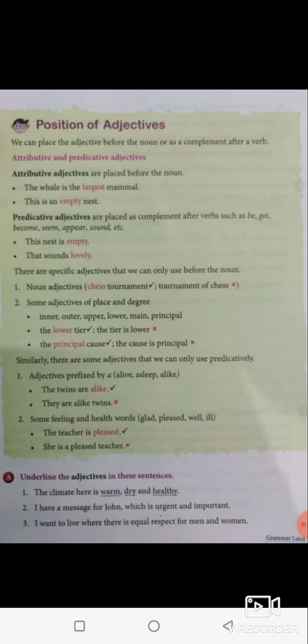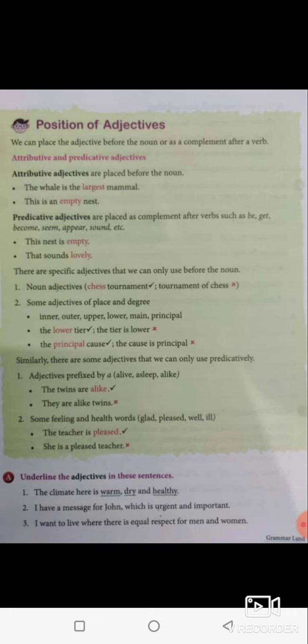There are specific adjectives that we can only use before the noun. What are they? Noun adjectives like chess tournament. Tournament of chess, no, should not use. Chess tournament is the correct way of using. Some adjectives of place and degree.